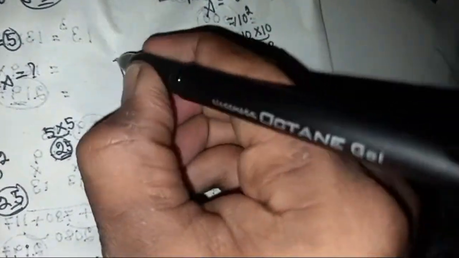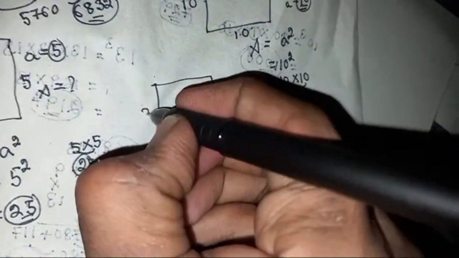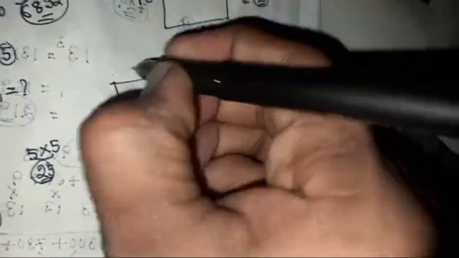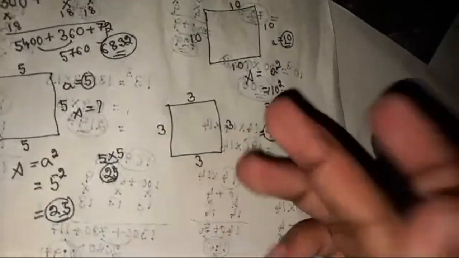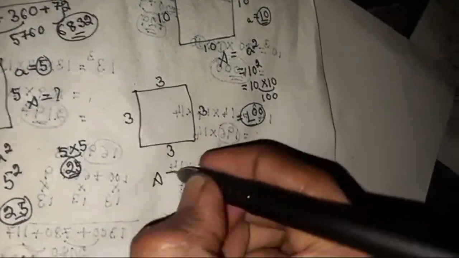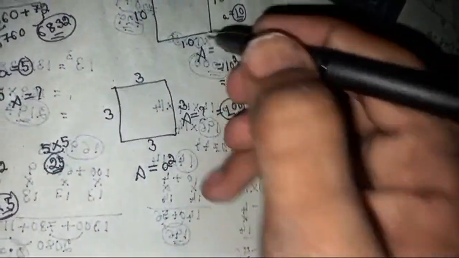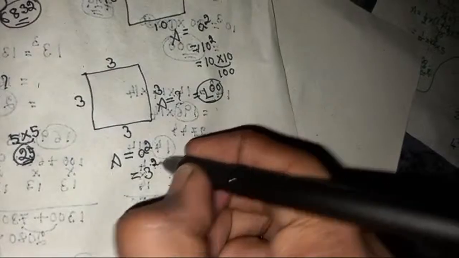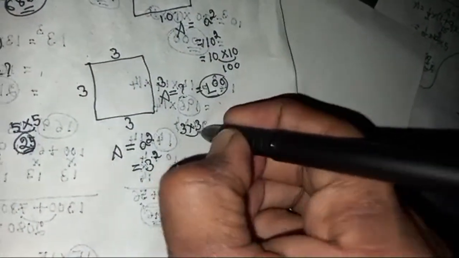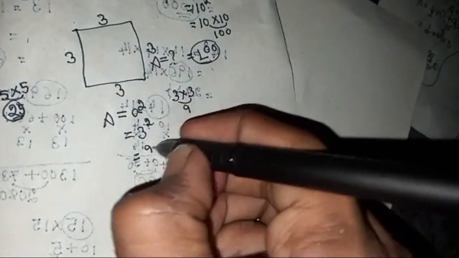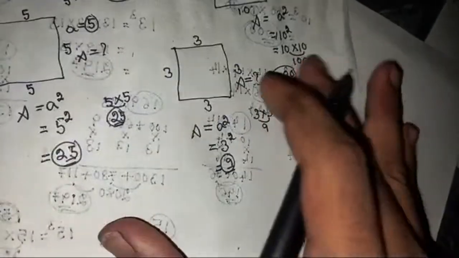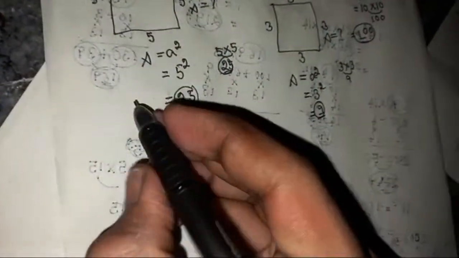Let's take one more square. Here also all sides are equal to 3 units. Here you're going to get the same thing, that is area equals a square. Area is a square, that is 3 square. 3 times 3 is 9, it is 9 square units. Let's take one more square.